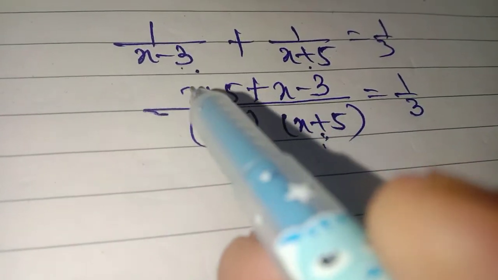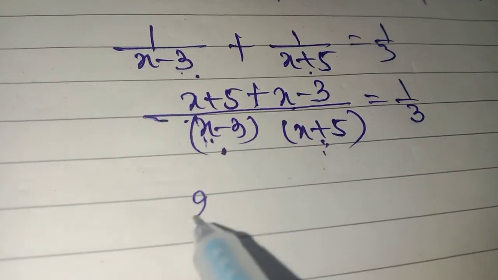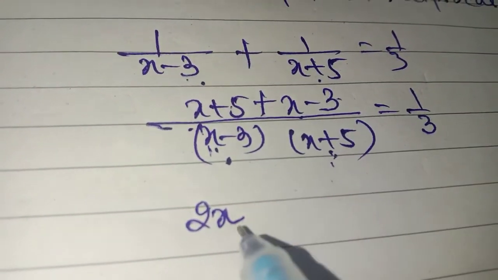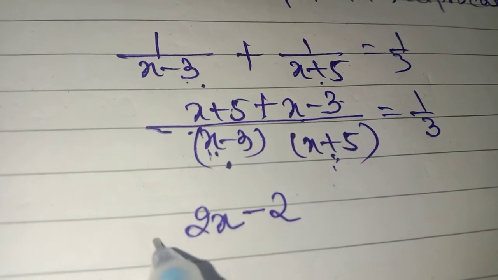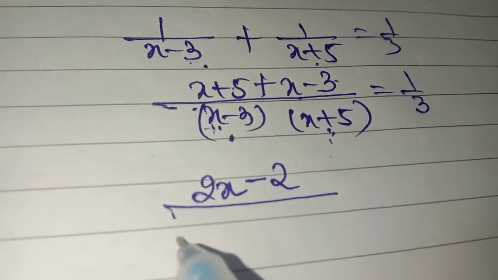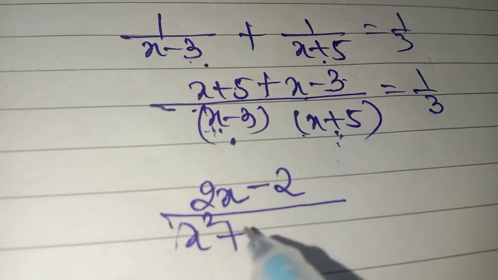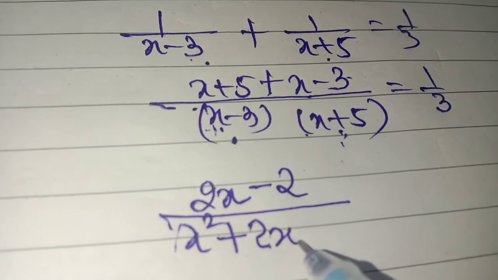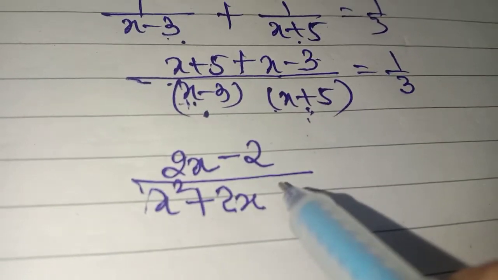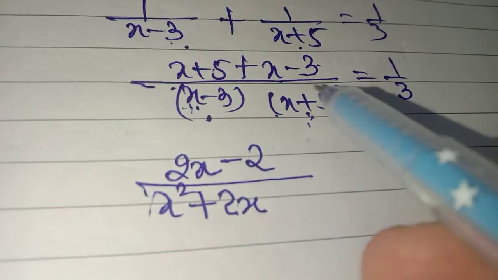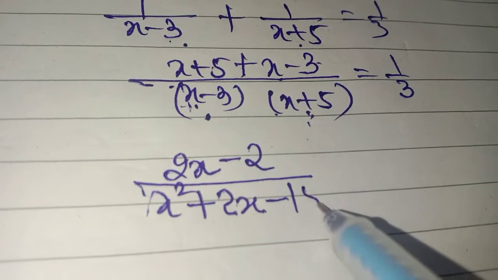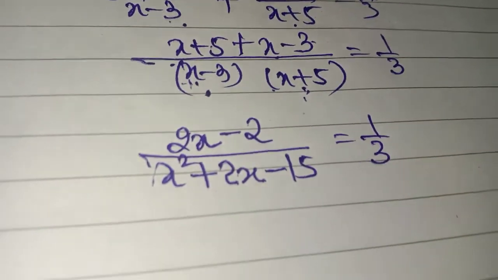So x plus x is 2x, plus 5 minus 3, which is plus 2, and in the denominator we get x square minus 3x plus 5x minus 15, which is x square plus 2x minus 15, equal to 1 by 3.